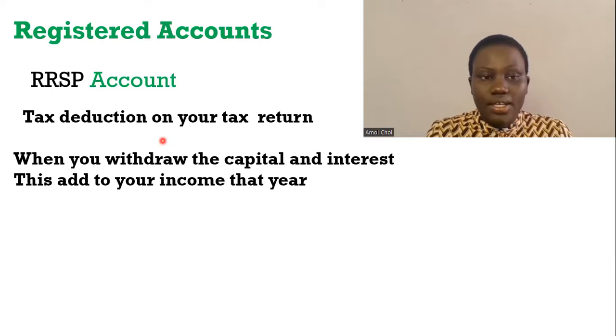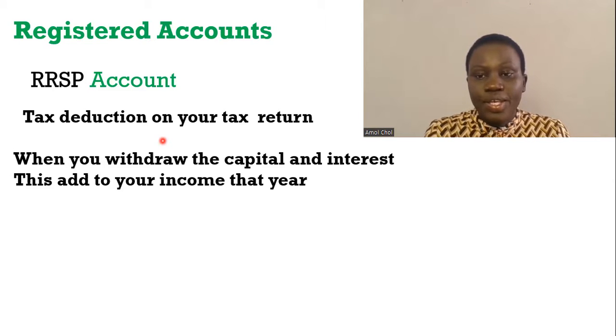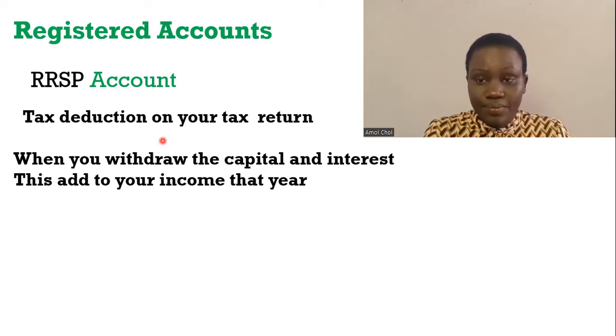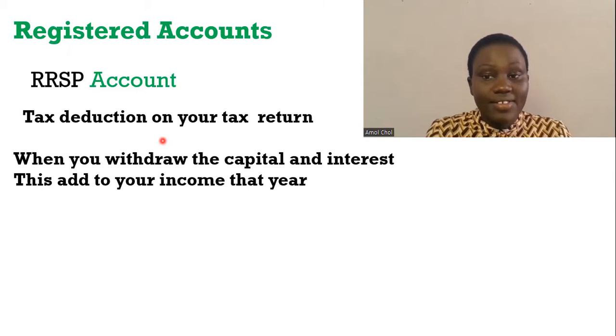When it comes to the RSP too, withdrawing depends. If you withdraw from your RSP without any other registered program, then you have to pay taxes in the year that you withdraw. Okay, so let's say you take 20,000 out, and this year you are making 70,000.